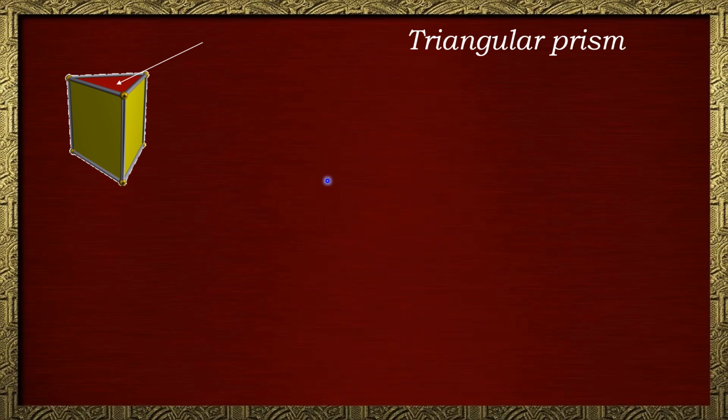Now let us know some terminology related to a prism. See here, this is a triangular prism. This one is called the base, and these rectangular plane surfaces are called faces.